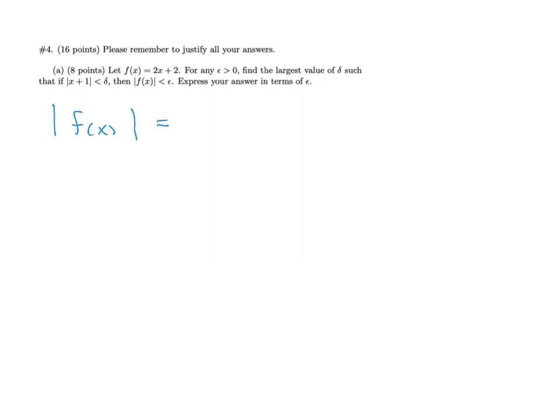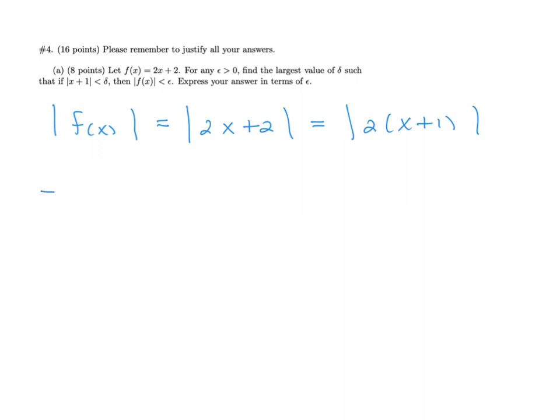Well, f of x is equal to 2x plus 2 in absolute value like this, and you can factor a 2 out from both terms. Here we have the absolute value of a product of 2 and x plus 1.